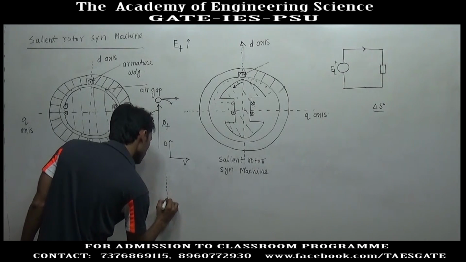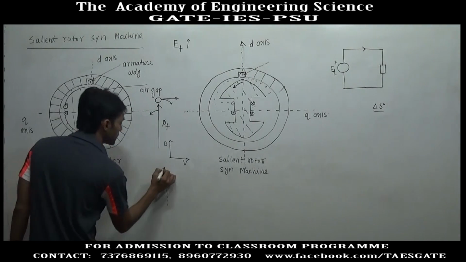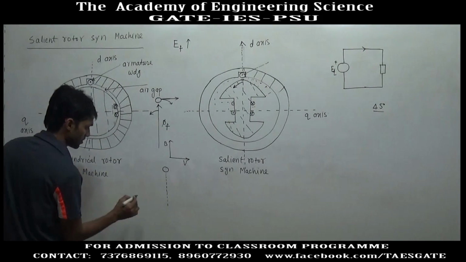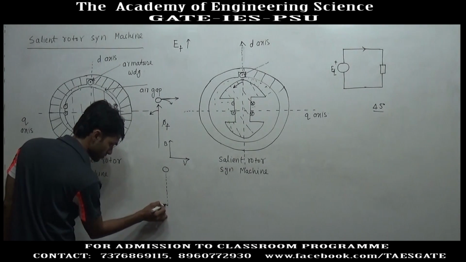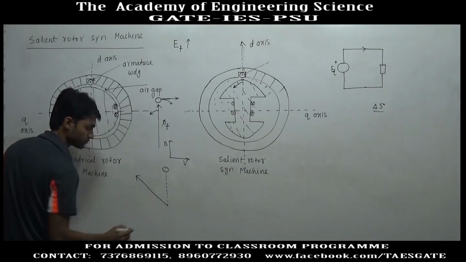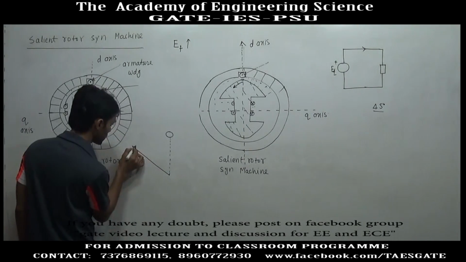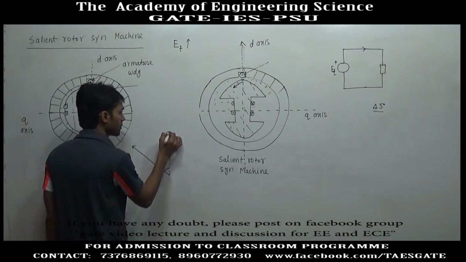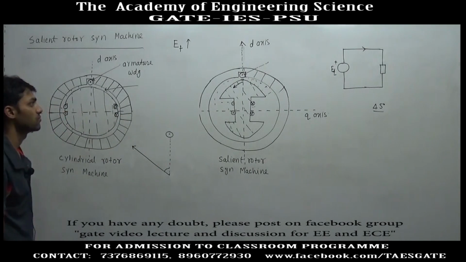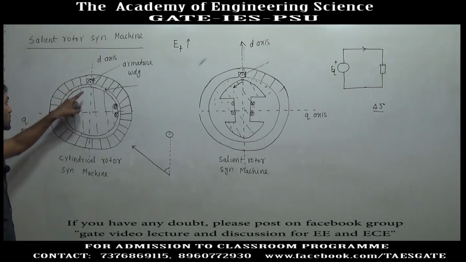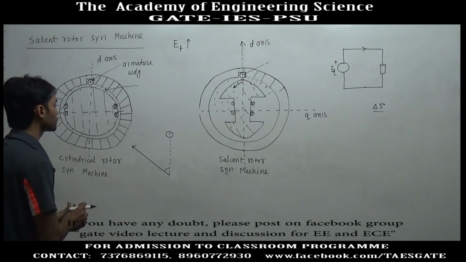This was the initial position of the field axis when the EMF in the conductor was maximum. Now the field has rotated by 45 degrees, and after 45 degrees the current in this conductor is maximum, because a 45 degree lagging load is connected to this generator.